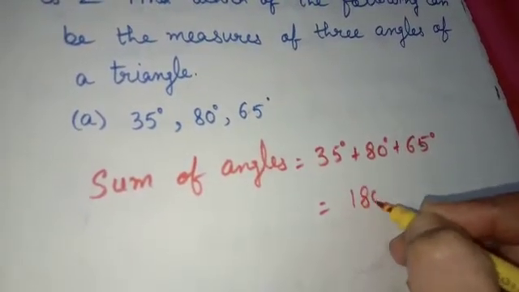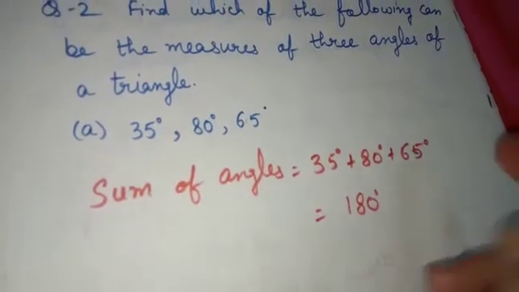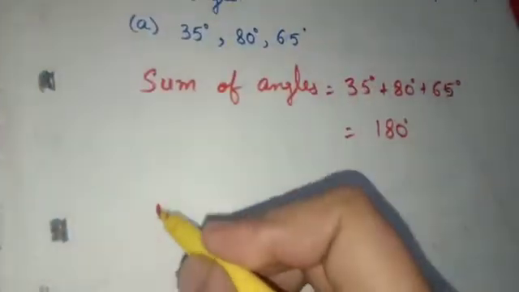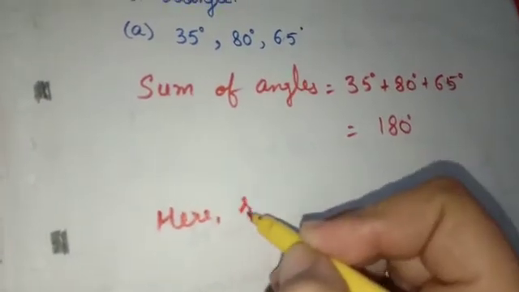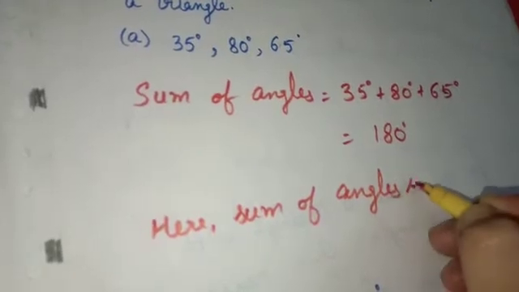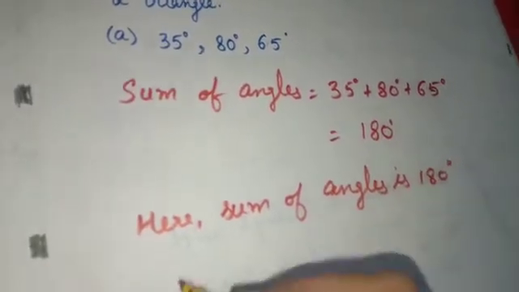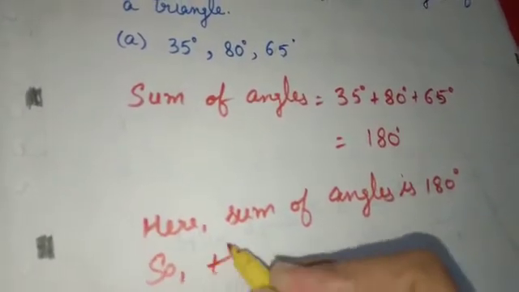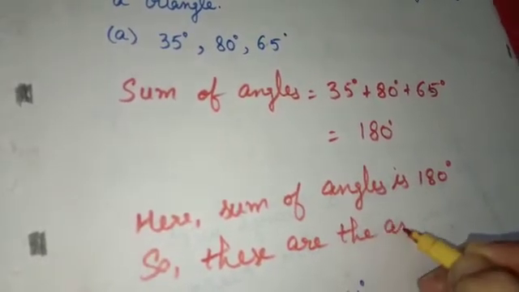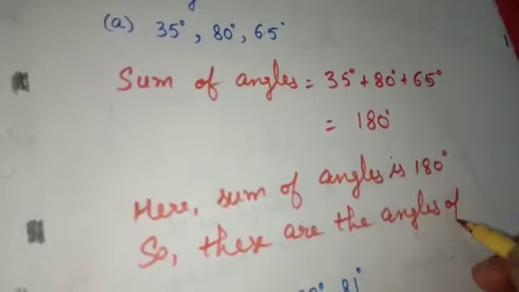It will be 180 degrees. If the sum is 180, then you write here, sum of angles is 180 degrees, so these are the angles of a triangle.